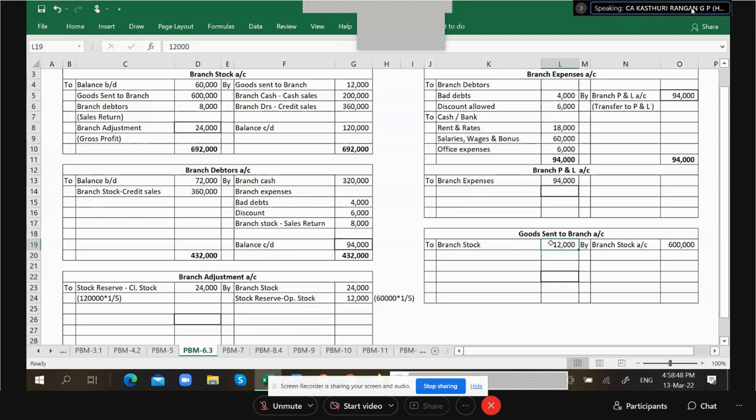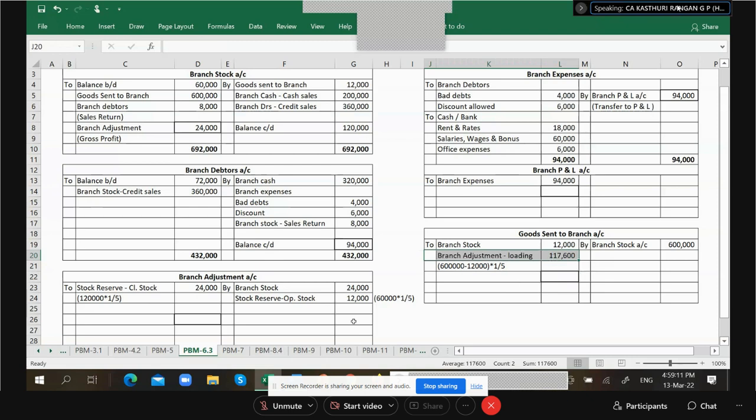You'll get confused. But if you prepare GSB account, 6 lakh is sent, 12,000 is returned. What is the net goods sent to branch? 5,88,000. On that, we should apply loading. 6 lakh minus 12,000 into 1 by 5. That will be the loading amount. What is the entry for loading on GSB?